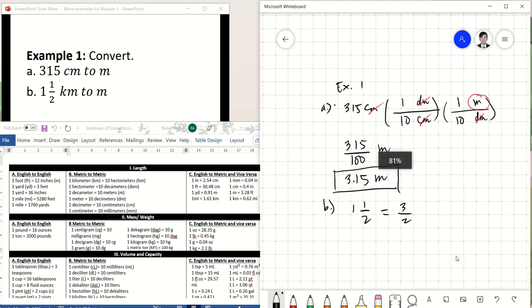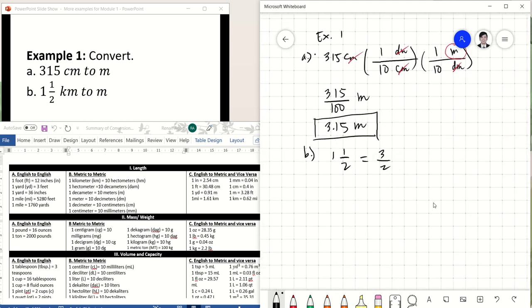So now, we put 3 halves here. And of course, kilometers is now in the numerator. We want it to be cancelled out, so we put kilometers in the denominator. And afterwards, you can look at our conversion factors from kilometer, then look for a way to change it into a meter.